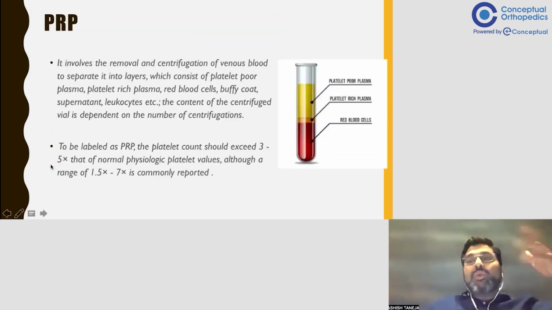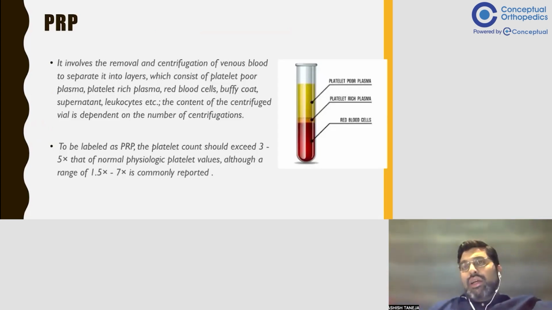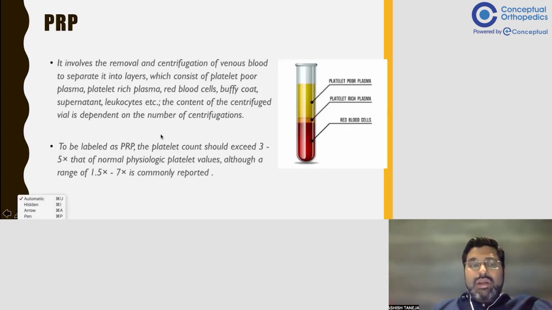So how do we get PRP first of all? For PRP, normally we will take blood and we will centrifuge it. Different companies will have different protocols for centrifugation. Eventually, we'll have the blood centrifuged into three parts.